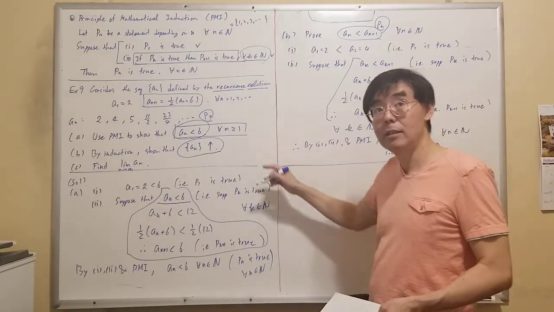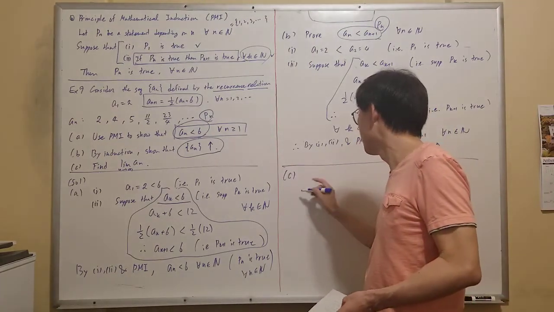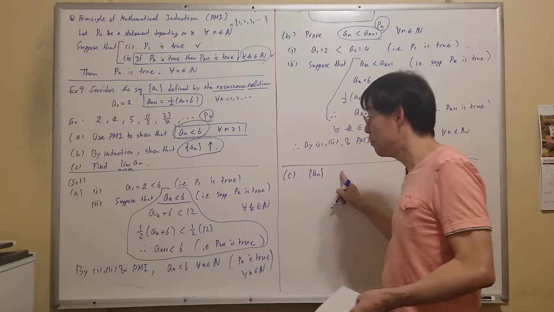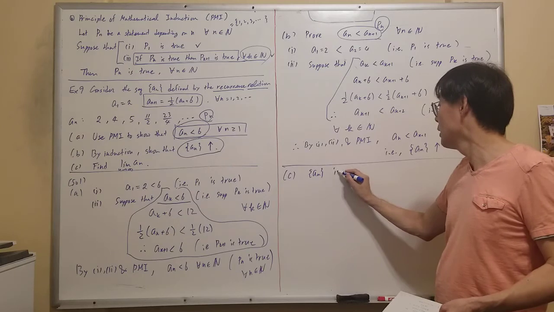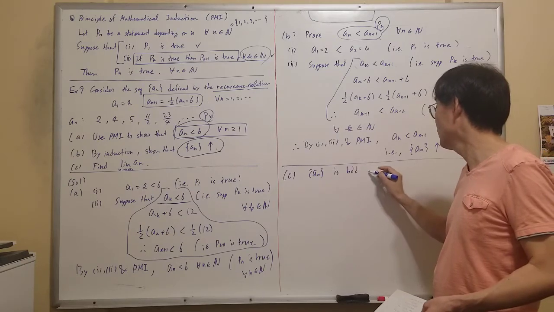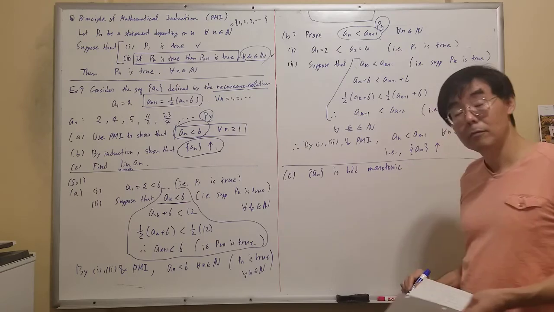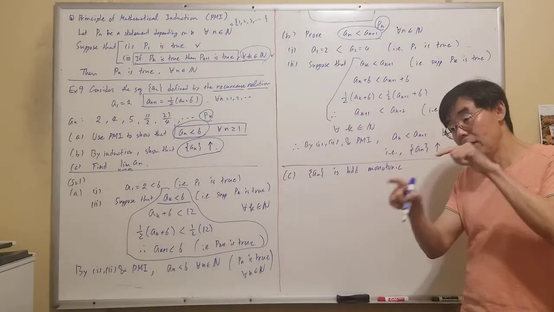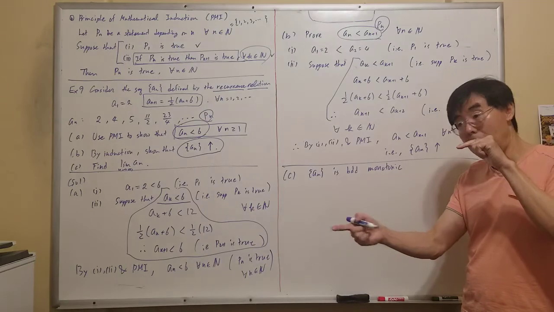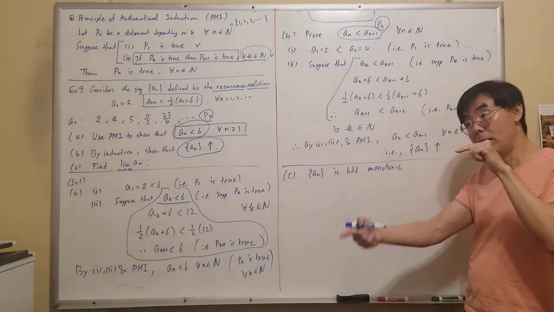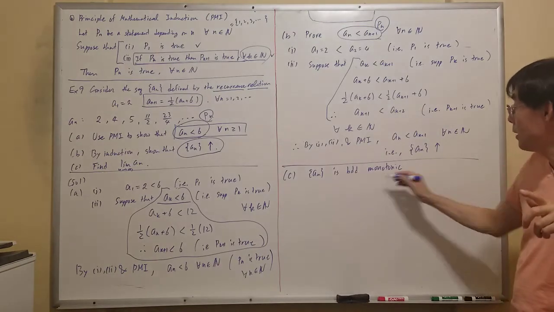Now, as I said in the beginning, because an is increasing and bounded above, it is bounded and monotonic. Because an increasing sequence is already bounded below, a1 is a lower bound. Bounded above, bounded below, so it's bounded, right?